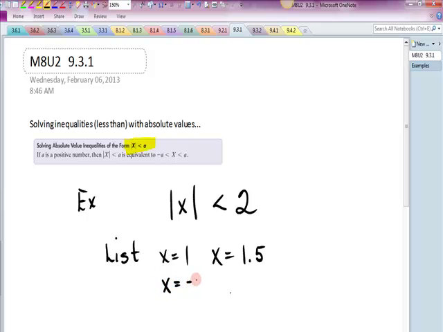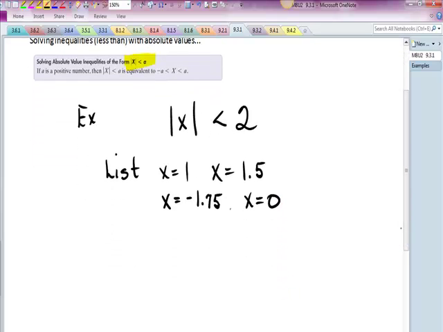X could be negative 1.75 because the absolute value of negative 1.75 is 1.75, but that's less than 2. X could be 0.